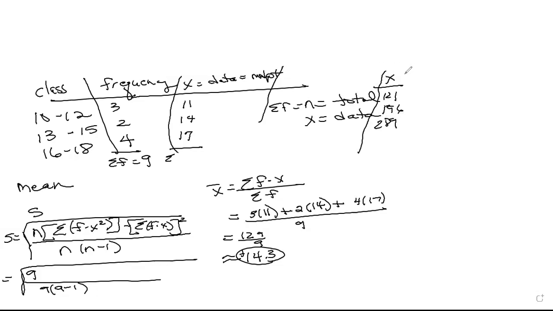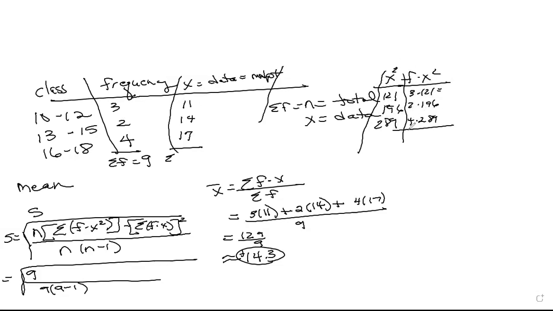So when I do f times x squared, you understand my frequency is 3 and my x, so I'd be doing 3 times 121 and getting that answer, and 2 times 196. And then I'd be having 4 times 289.